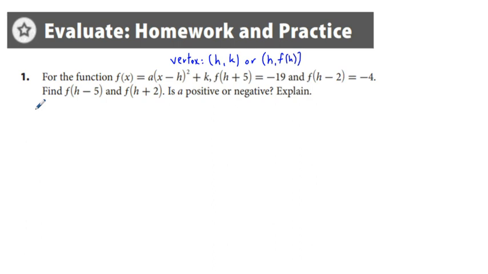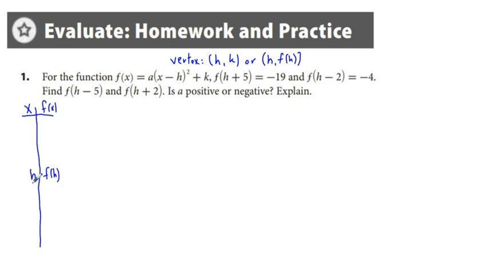One way you can look at this is to create a table, and we have x and we have f of x. Well, the point h comma k is the vertex. I'm going to put this right in the middle of the table. So we have h, and we're going to have f of h as our output.